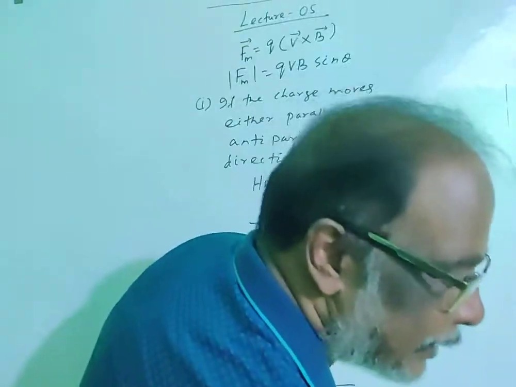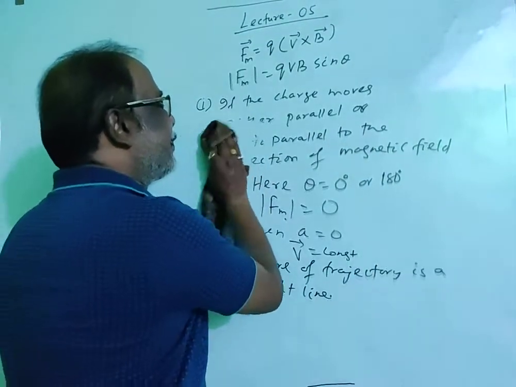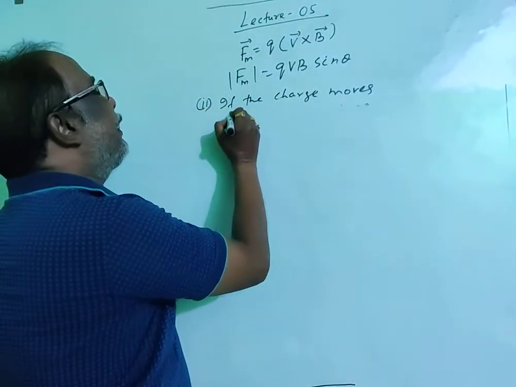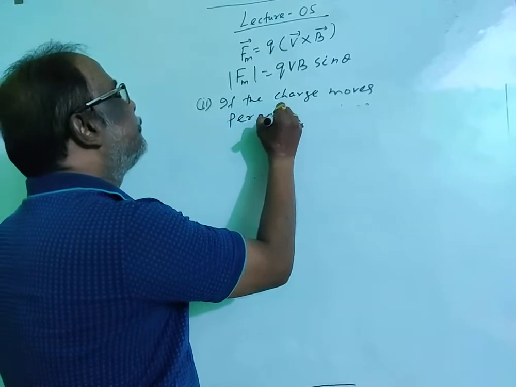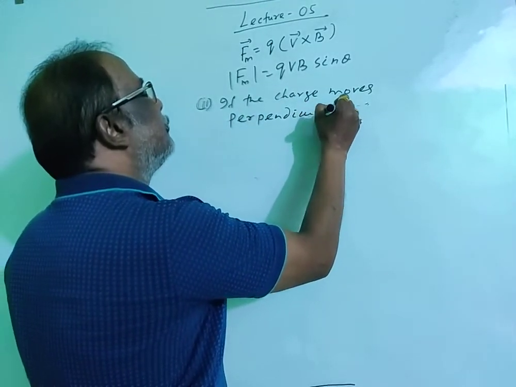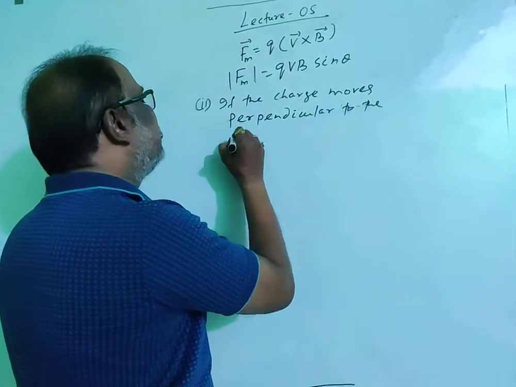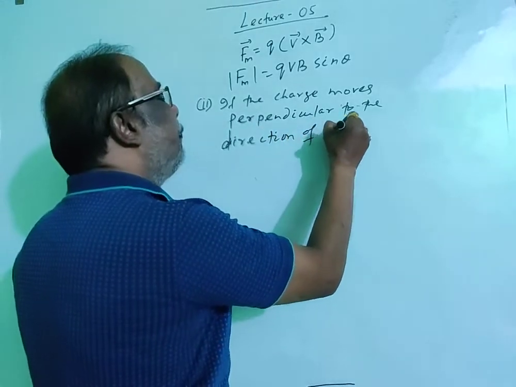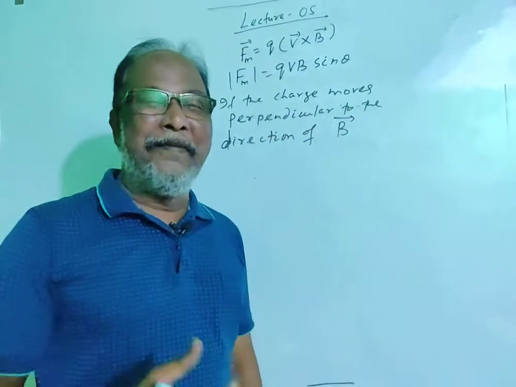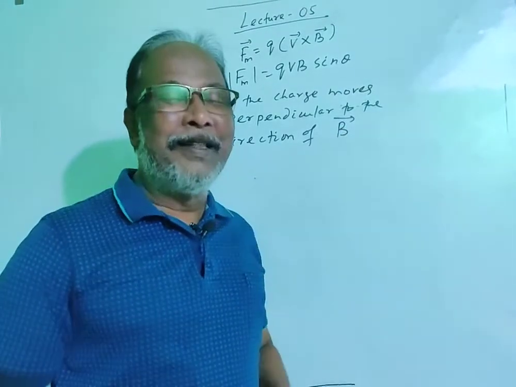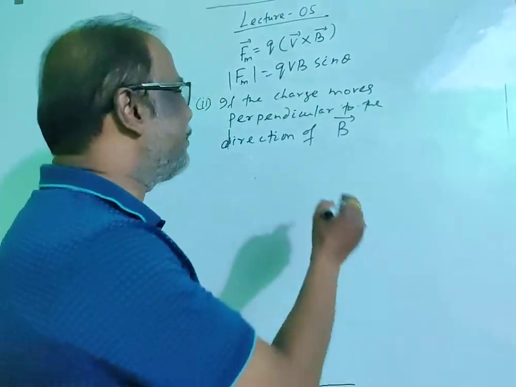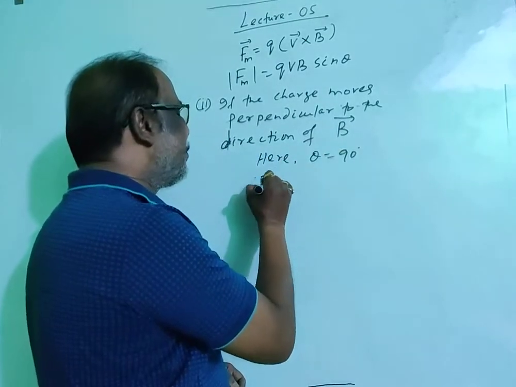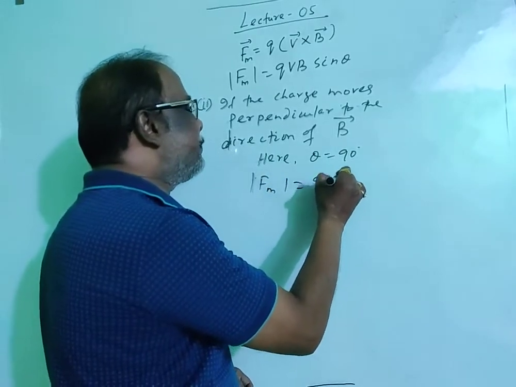We have also discussed case 2. If the charged particle moves perpendicular to the direction of magnetic field, I am writing B for magnetic field, means here theta is 90 degree, and magnitude of magnetic force is QVB.